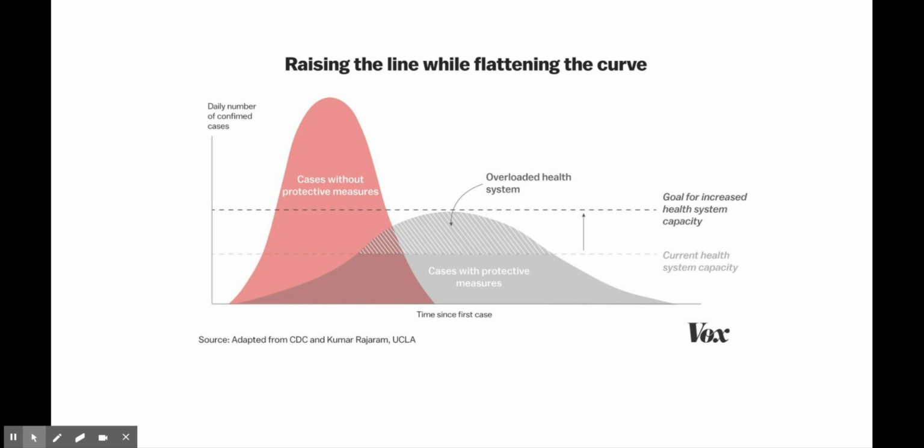So, if you saw news reports about some companies switching all of their resources into making more ventilators or making more N95 masks, etc. Some countries were building a lot of extra makeshift hospital beds, things like that. They are trying to raise that dashed horizontal line, to try to prevent surge capacity from being breached.